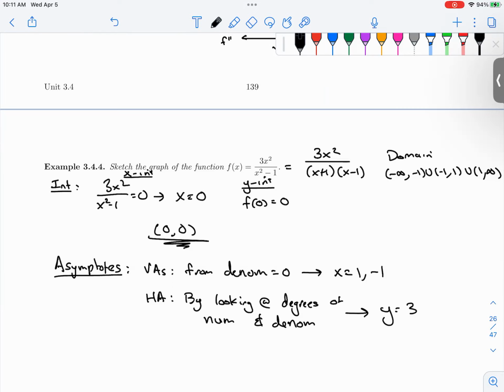It's been a while since we talked about them, but they talk about end behavior. What's happening as x gets incredibly large. And as x gets incredibly large, that minus 1 does not matter. So virtually at the ends, the function just looks like 3x squared over x squared, which is just 3. So that's why we know that it's going to be 3.